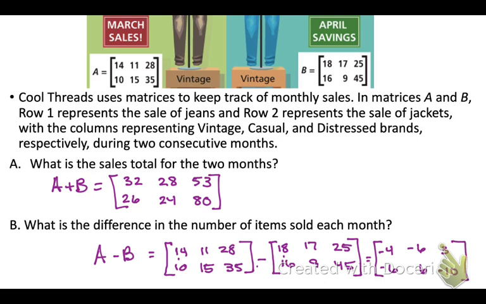Okay, so what does that tell you? Well, the negatives mean it went down. But did they go down? No. So it went up? Wait. Pause. What did we do? Which one is this one? March. And this is April.